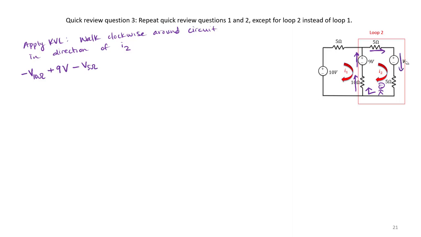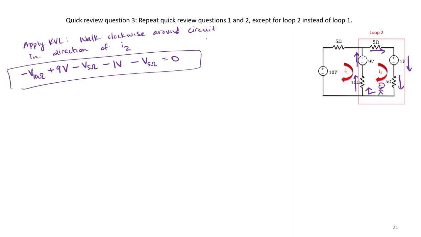And notice I also have a voltage drop across that 1-volt source, because I'm going from positive to the negative side. And I have another voltage drop across the 5 ohm resistor at the end of my circuit. So this is our Kirchhoff's voltage law equation.